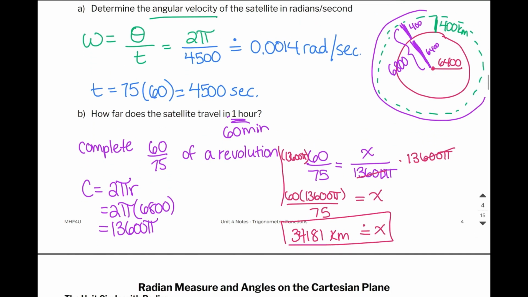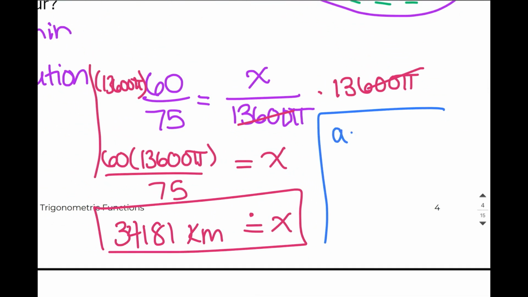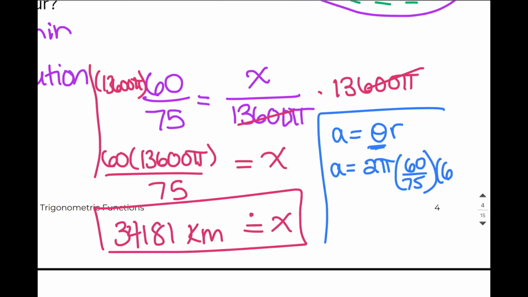Now, a quick note, don't forget that the arc length is equal to theta times the radius. Normally 2 pi is a full revolution, but here we're doing 60 out of 75 of that revolution, so that's the theta.